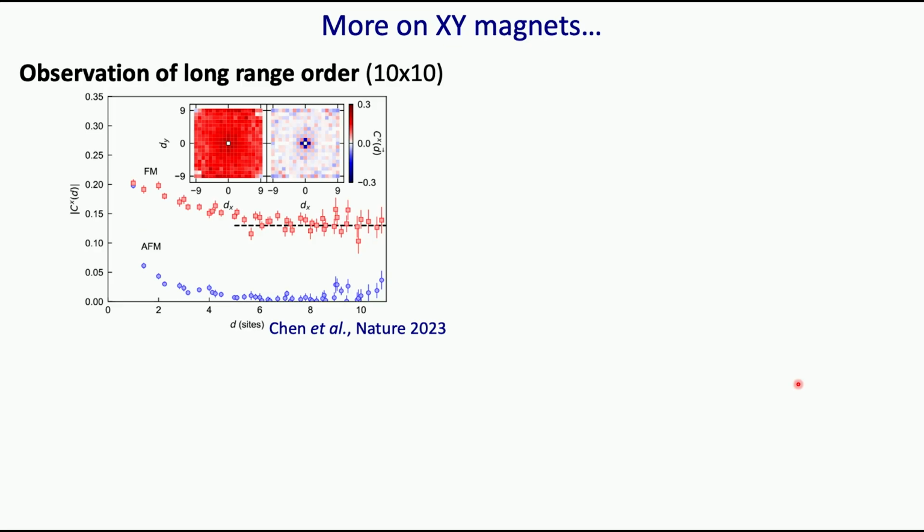And there as well, on a square array, we did observe that the correlations in the ground state featured some long-range order in the case of the ferromagnetic interaction, but would feature no long-range order in the antiferromagnetic case, because, once again, the antiferromagnetic order is broken or destabilized by the frustration. This is kind of neat stuff, and in particular, the observation of long-range order in a 2D system had never been seen before.